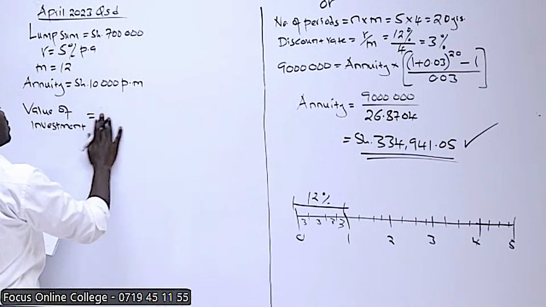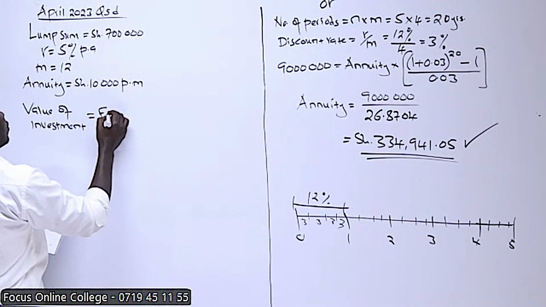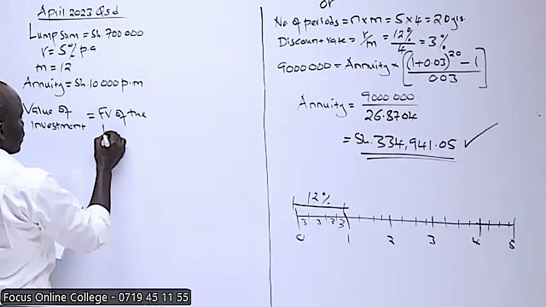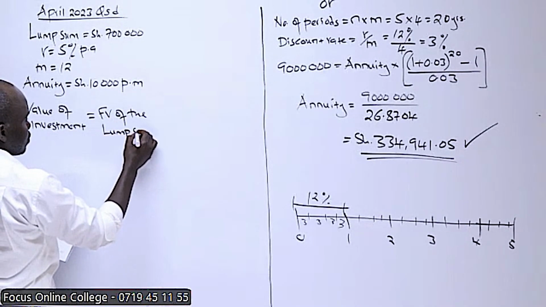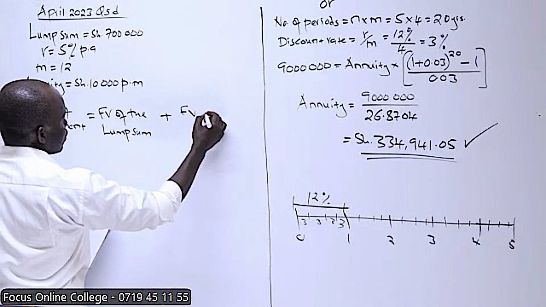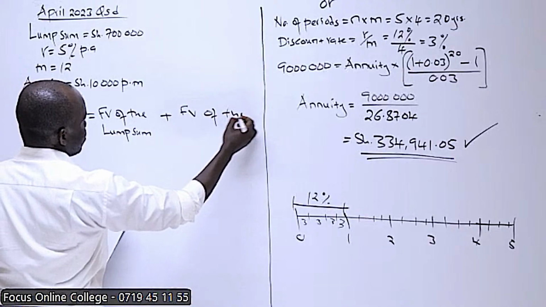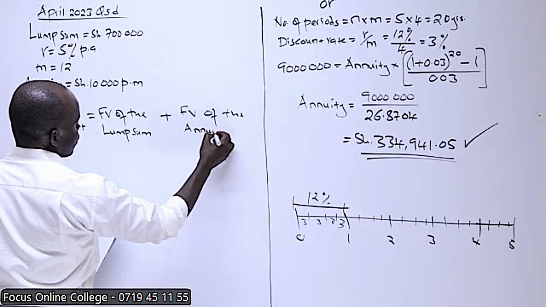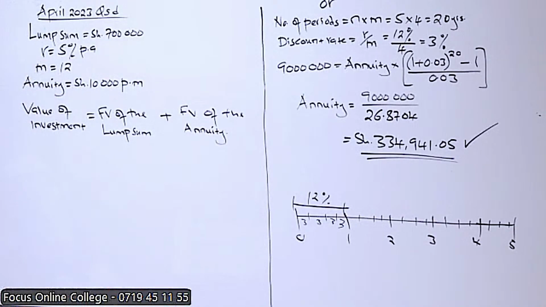So value of the investment is equal to future value of the lump sum, plus future value of the annuity.